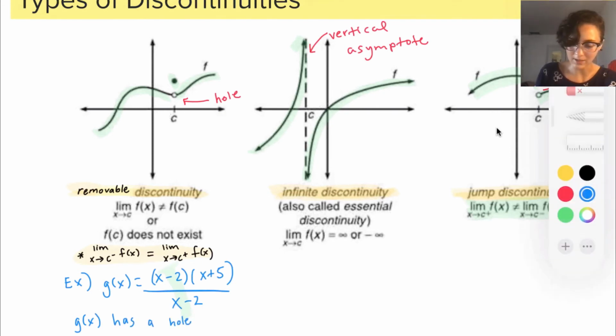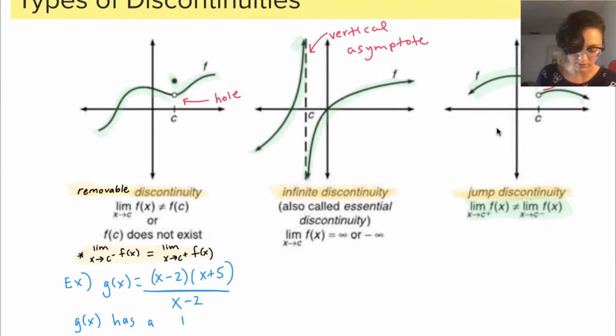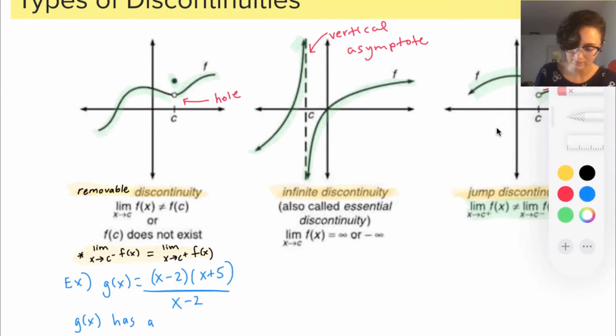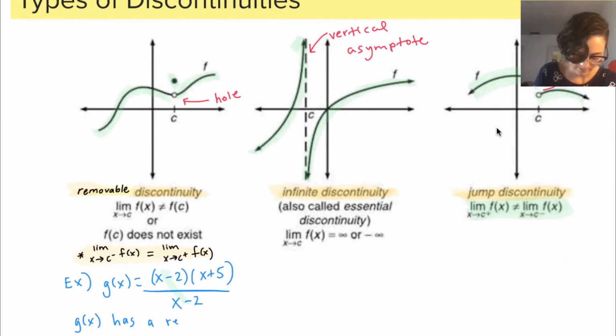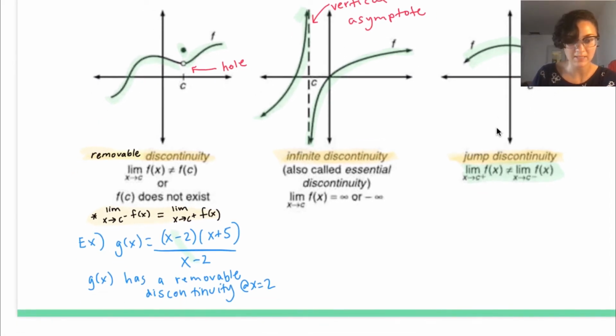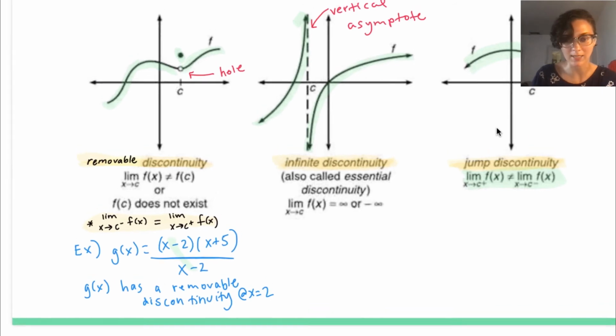Or I don't want to say hole, I'm going to say removable discontinuity at x equals 2. Okay, g of x has a removable discontinuity at x equals 2.